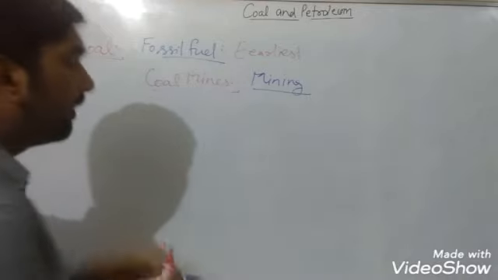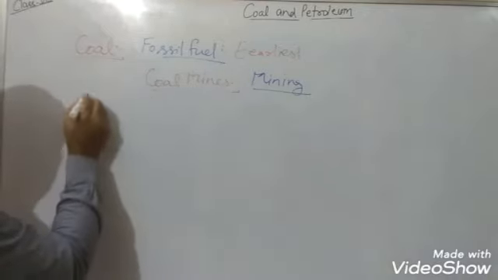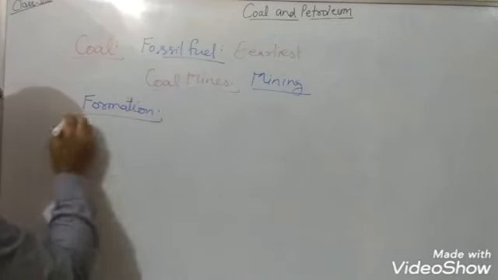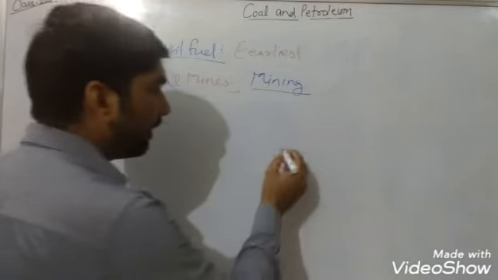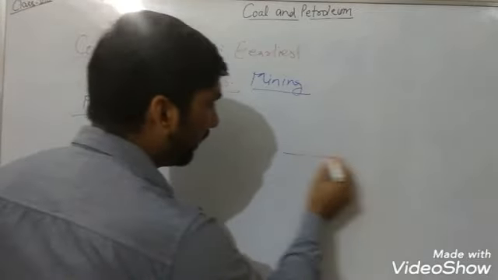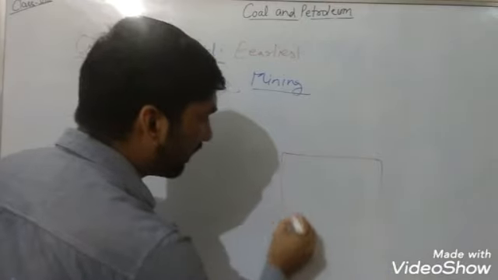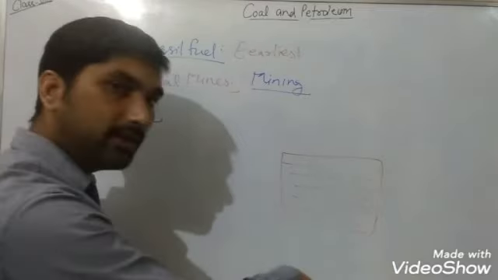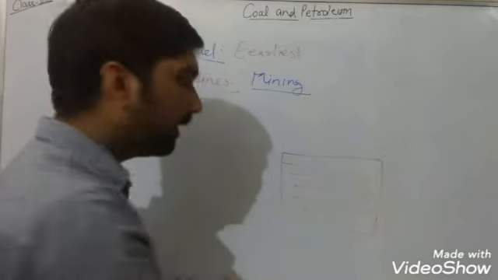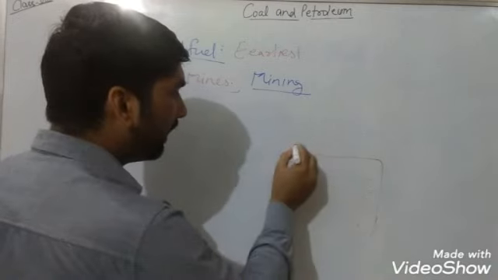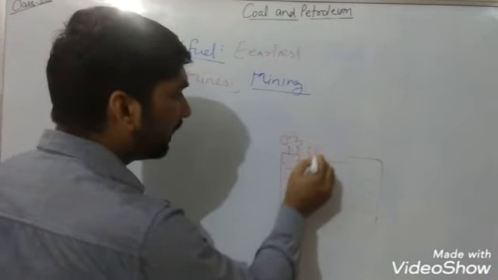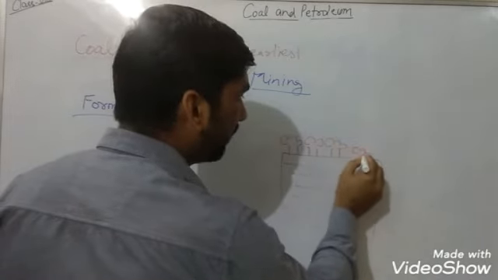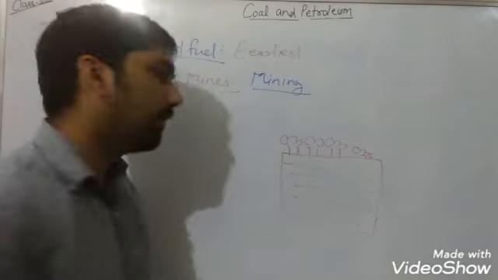So we will see the formation of coal. Suppose this is the earth crust with many different layers, and we are going deep inside the earth. Here plants and animals were living.